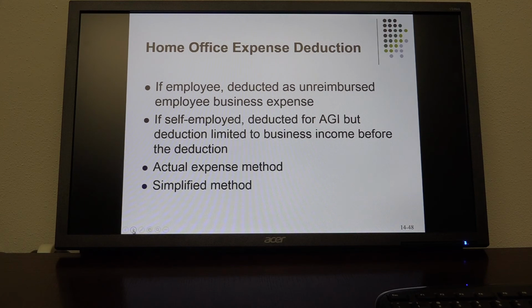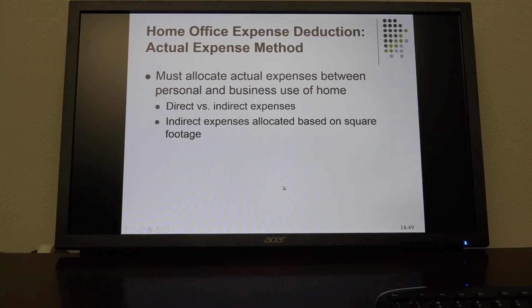If you're self-employed, it's deductible for AGI, but the deduction's limited to business income before the deduction. And there's a couple of different types of methods you can use.